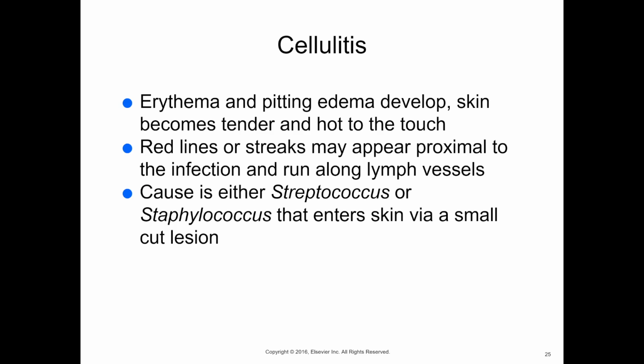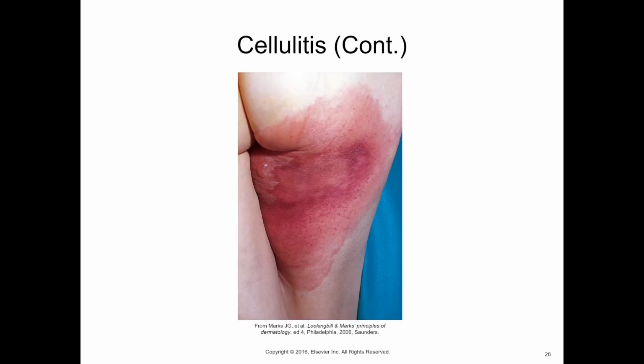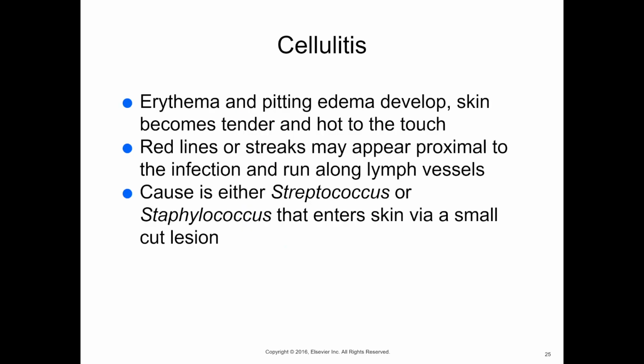Next, cellulitis. So cellulitis is a bacterial infection of the skin and subcutaneous tissue. What you start to see looks just like this. A lot of swelling, redness. You might even see blistering. And it might actually start with a streak of red radiating from the initial site.